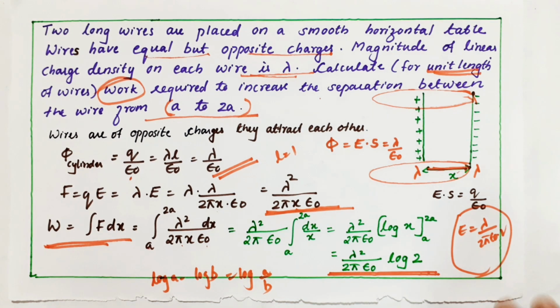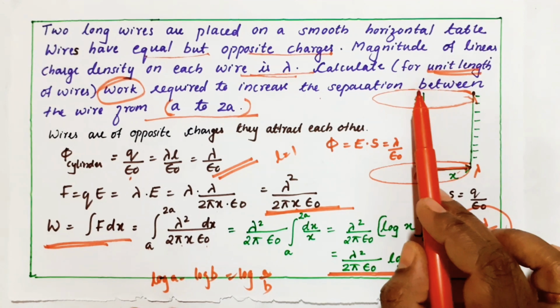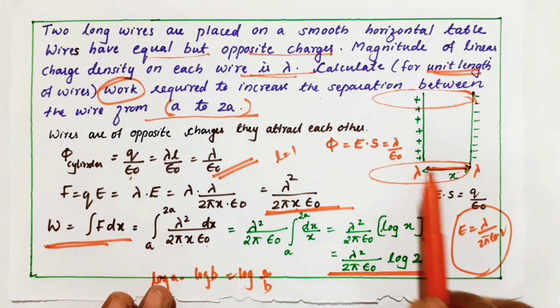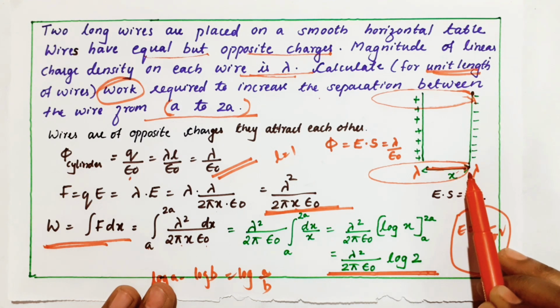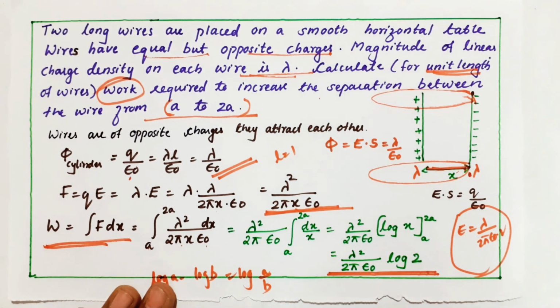So remember how we are doing this. They gave two wires placed at a separation. First I take one wire into consideration, and calculate the electric field produced by that wire, using Gauss law: lambda by 2 pi epsilon 0 r.